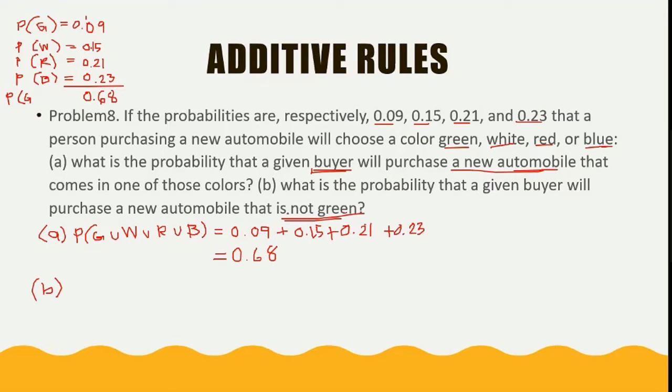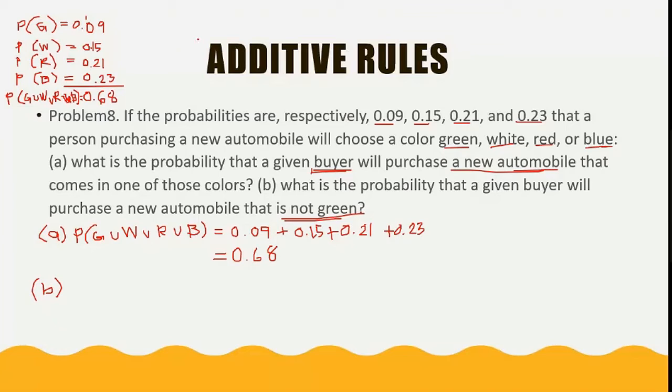Since it is not stated that he will buy any of these colors but not green, it might be a different case. But since the statement is expressed in this way, we will consider the probability wherein the buyer will not buy. Okay, so as you can see here, now we have 0.68.